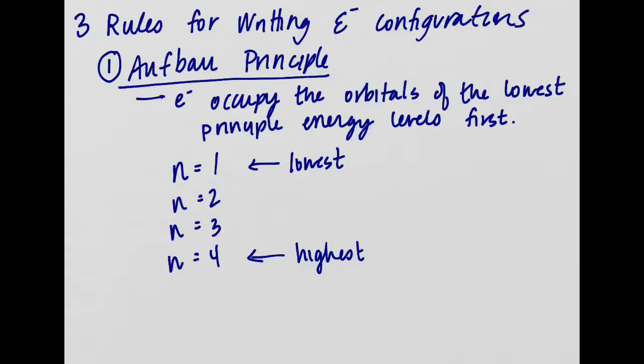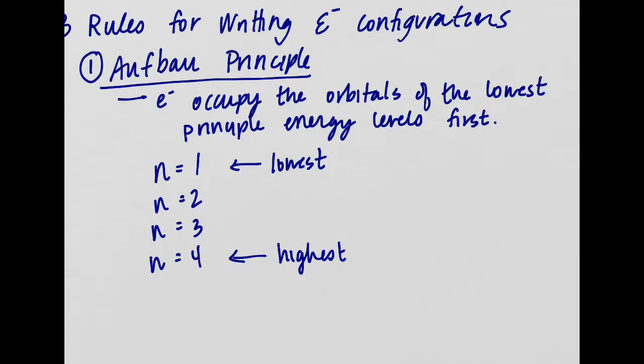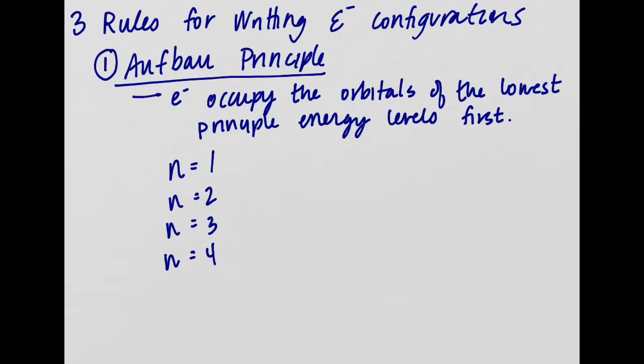Okay, within each of these principal energy levels, we have different orbitals. Remember, we have s, p, and d orbitals, and f, but we're not going to get into f.